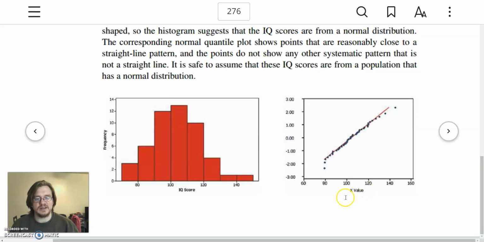What has been plotted is the IQs, the x values, versus their expected z-score. And what we see is that we get a roughly straight line. There's a little bit of a wiggle to it, but it's not in any noticeable pattern. It looks just kind of random. Maybe there's a couple of people that were getting high scores, but they're not quite outliers. They're not super far away. So this is what we would expect for the normal quantile plot of a normal distribution. It's a straight line without any recognizable patterns arising in there.